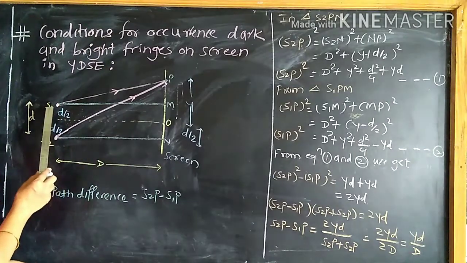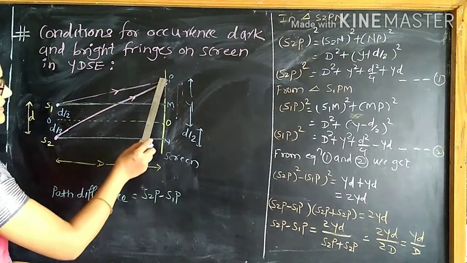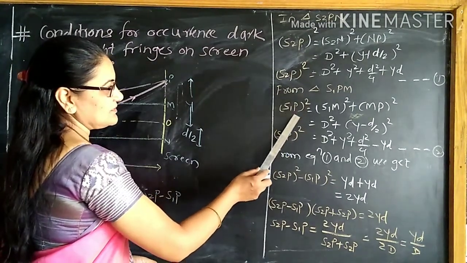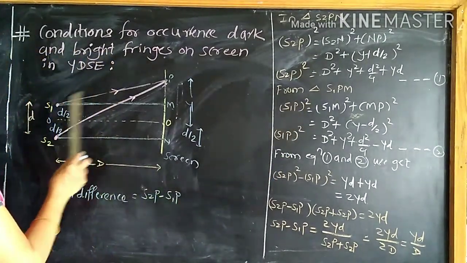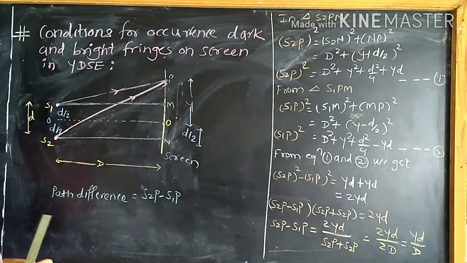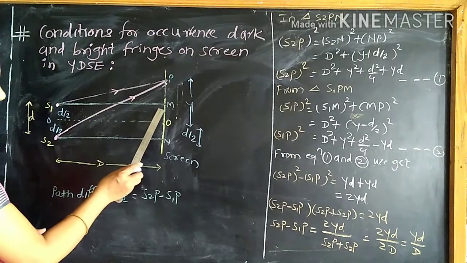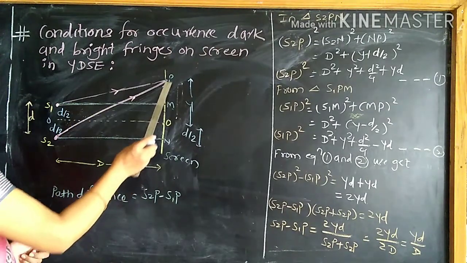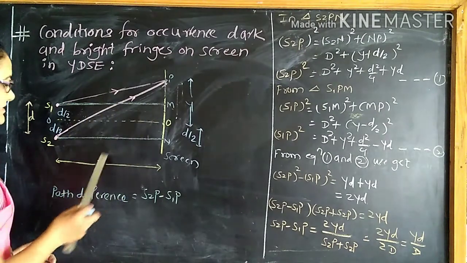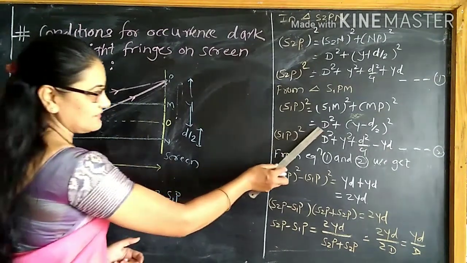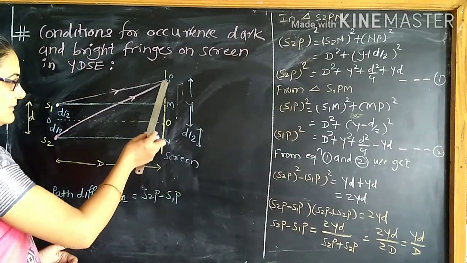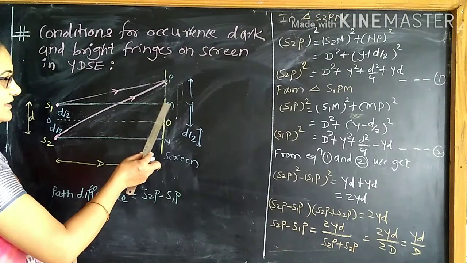From another triangle, look at this triangle S1PM. From this triangle, let us determine S1P square. It is also a right angle triangle, and that's why S1P square is equal to S1M square plus PM square. The S1M distance is nothing but D, and that's why it is D square plus the PM distance.